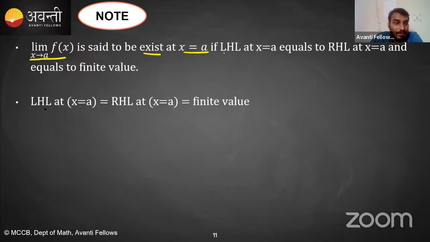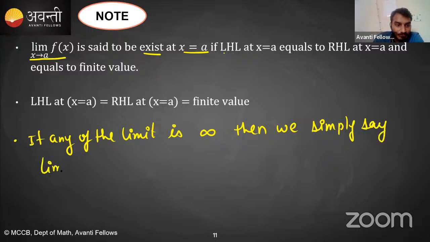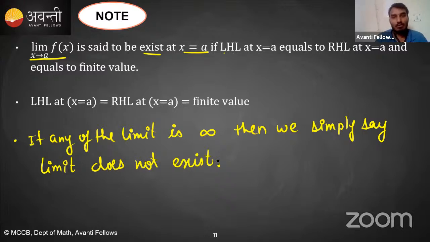So LHL equals RHL equals finite. And if any of the limit is infinity, then we simply say limit does not exist.